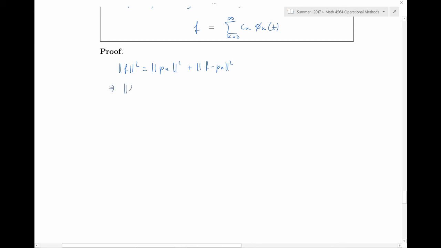We say that the norm of f is always going to be greater or equal than the norm of Pn, which is equal to the inner product of the sum of ck phi k, k goes from 1 to n, with the sum, and doing these inner products, all of the functions that have different indices will result in the products being 0.